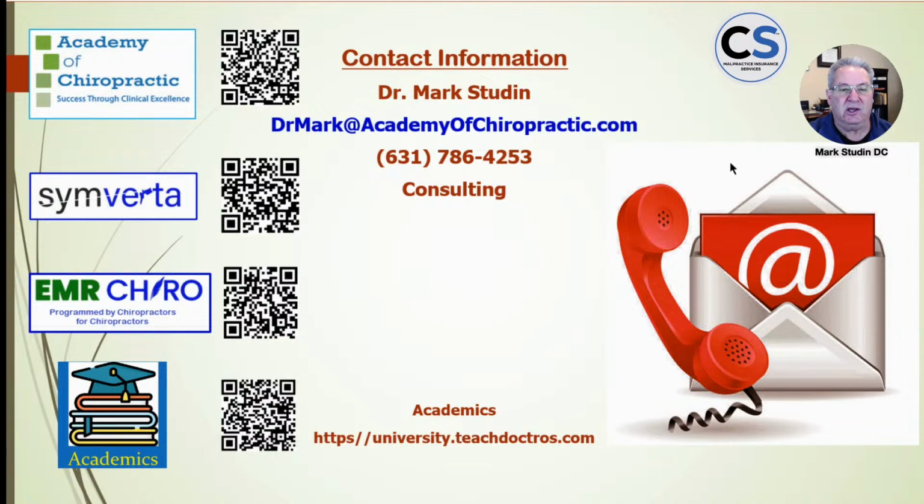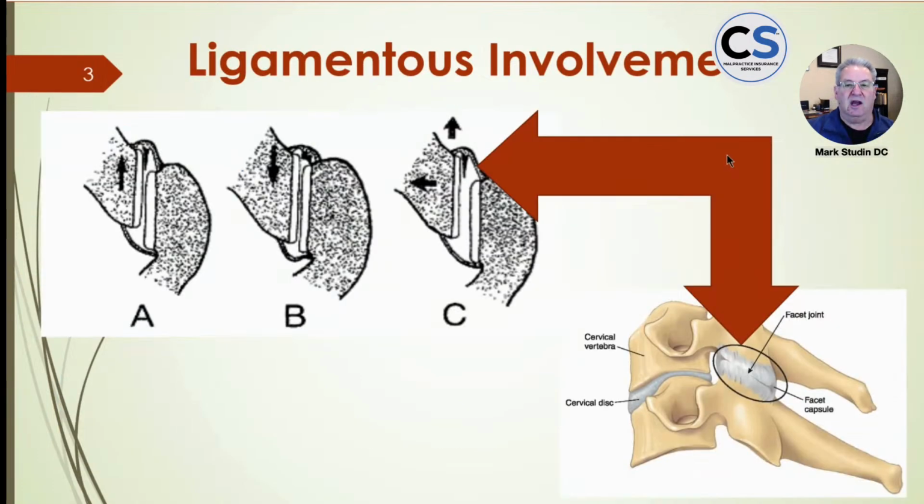But when we look at a chiropractic spinal adjustment, these are two facets. When we go in the joint, you've got two bones right here. You see this little piece right here? This is called a meniscoid. This meniscoid or a plica is a spacer.